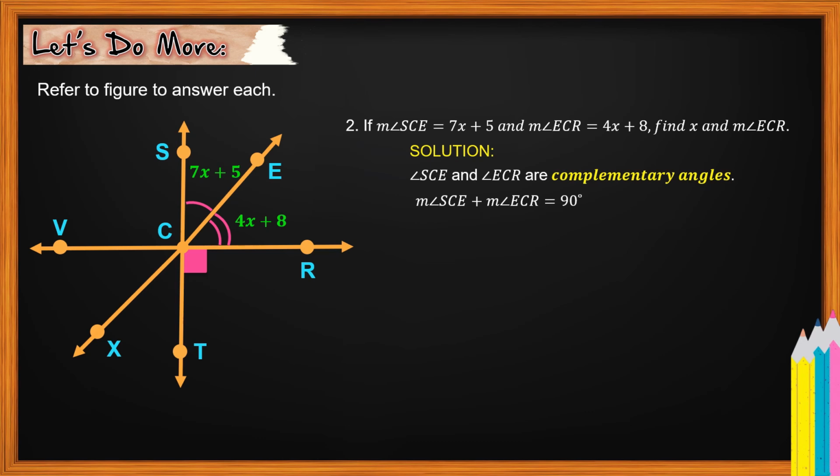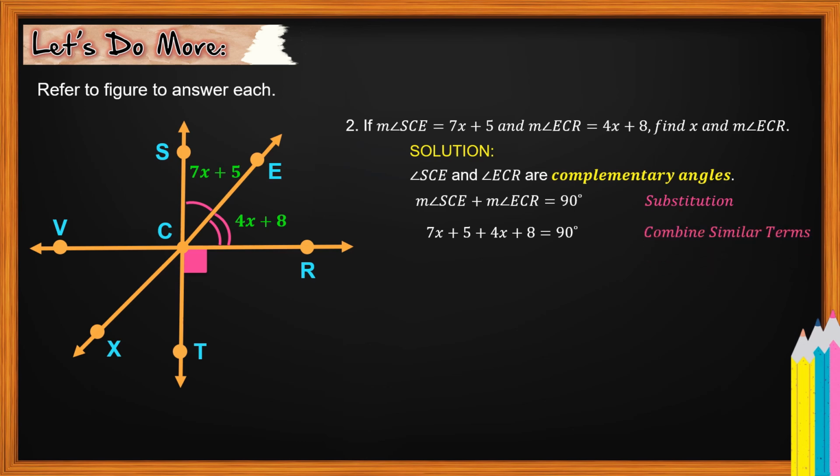So therefore, the measure of angle SCE plus the measure of angle ECR is equal to 90 degrees. Using substitution, we are going to replace the measure of angle SCE, which is 7x plus 5, plus the measure of angle ECR, which is 4x plus 8, is equal to 90 degrees.